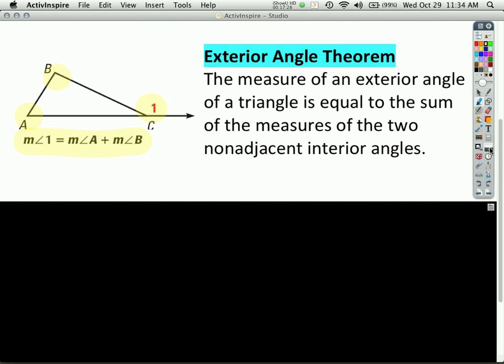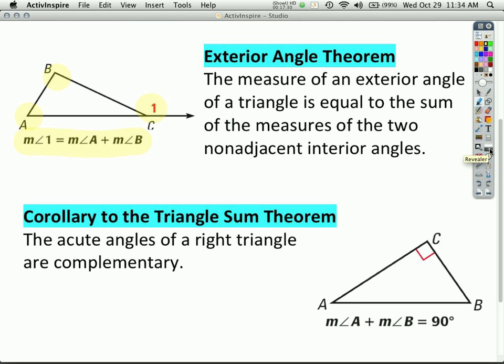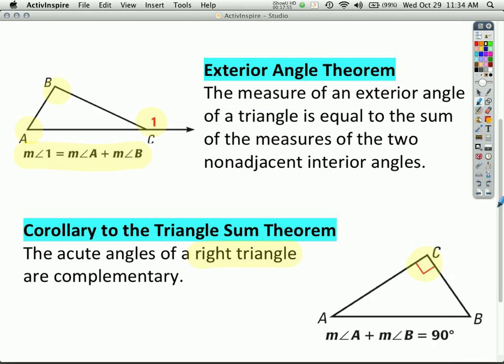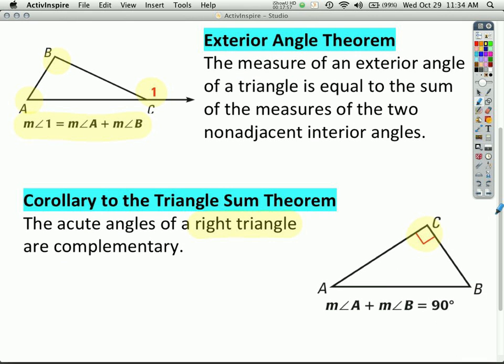And so you are finally going to be introduced to a new term, a corollary. You can think of a corollary as kind of a sub-theorem. It's not its own theorem. It's based on another theorem. And so we call it a corollary. It kind of works together with something else. The corollary to the triangle sum theorem says that if you have a right triangle, so it's based on a right triangle, whereas the triangle sum theorem is for all triangles. So this corollary is a specific case.